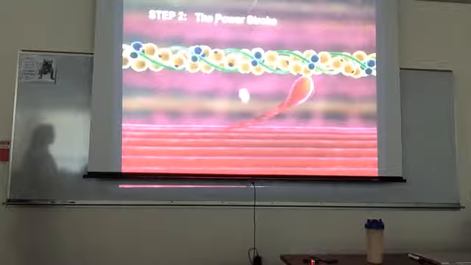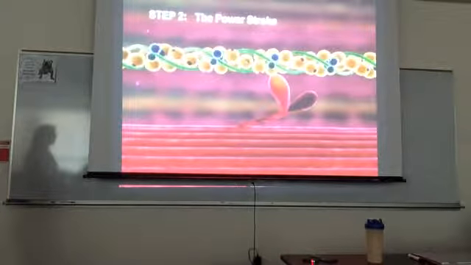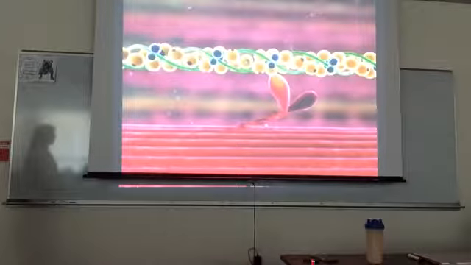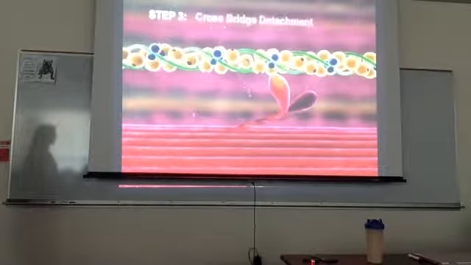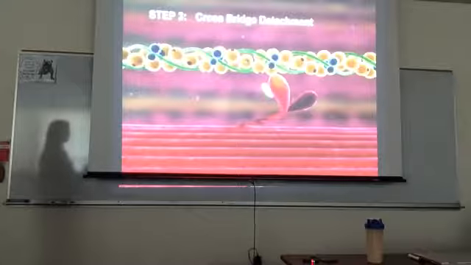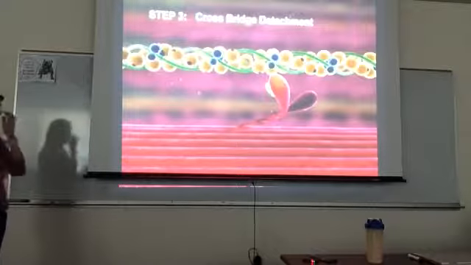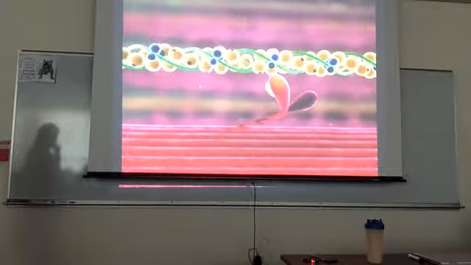ADP is released, and the activated myosin head pivots, sliding the thin myofilament toward the center of the sarcomere. Step 3. Cross-bridge detachment. When another ATP binds to the myosin head, the link between the myosin head and actin weakens, and the myosin head detaches.